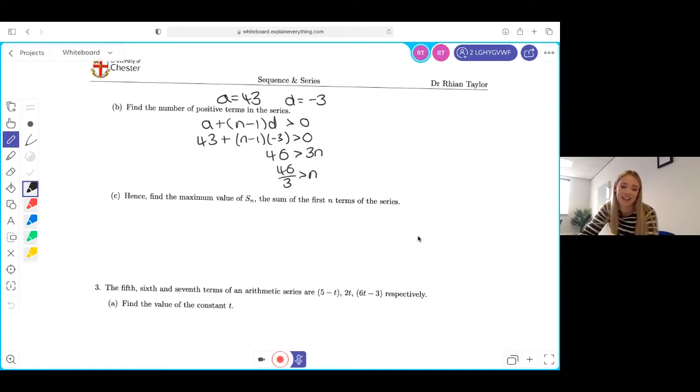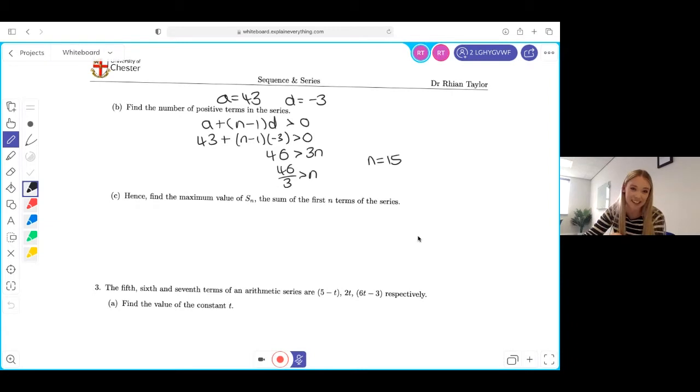From that we should get n is less than 46 over 3, the greatest number that n could be. If it's less than 46 over 3, which is about 15 and a third, the greatest number that n could be is then 15. So there must be 15 positive terms in this series, and then after that the 16th term would be negative.